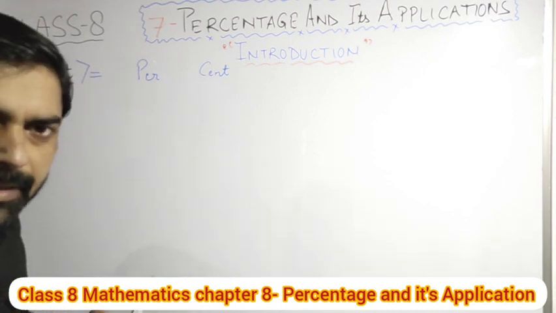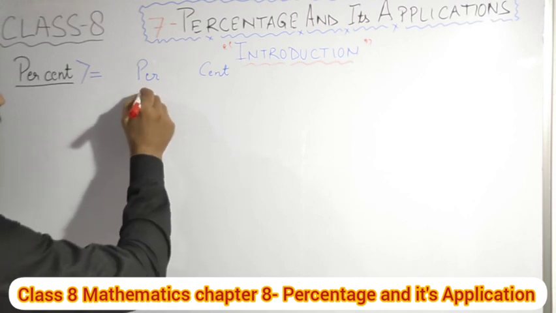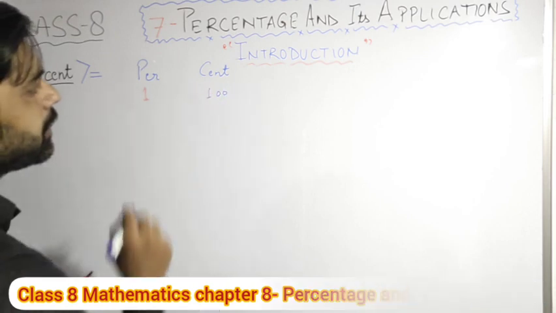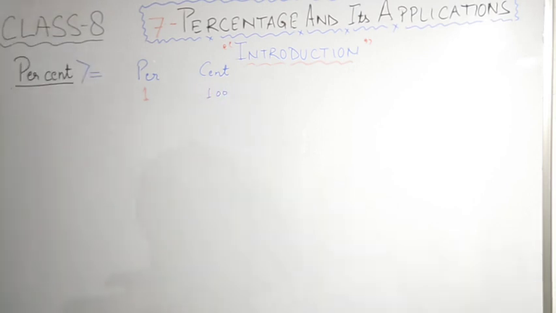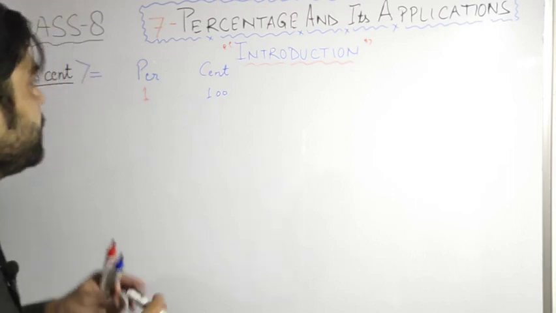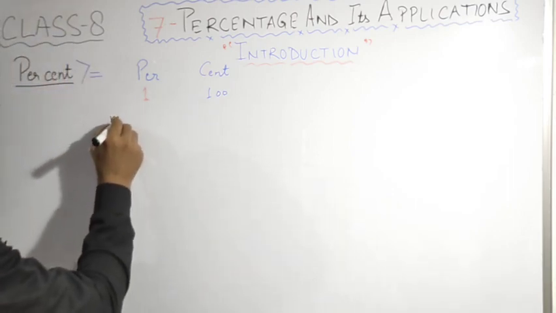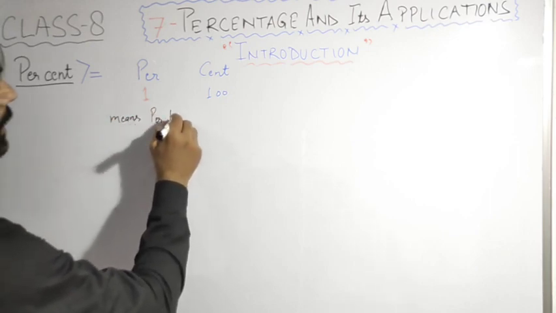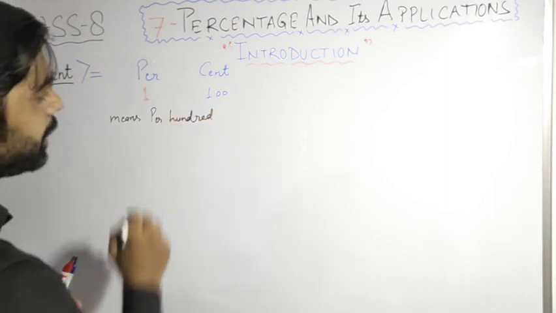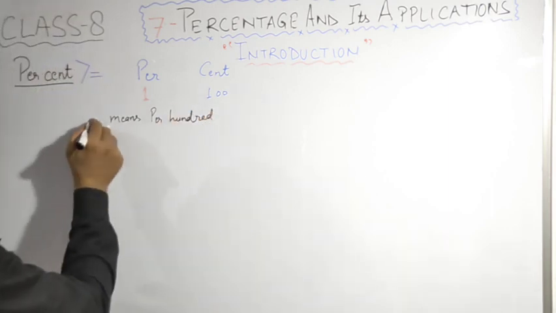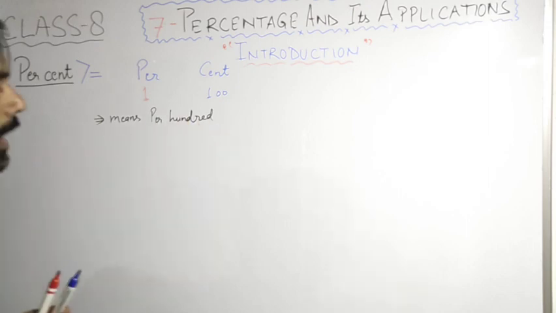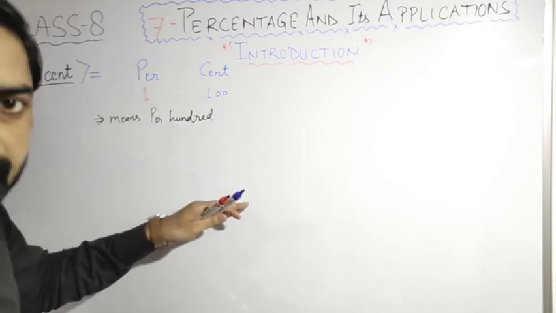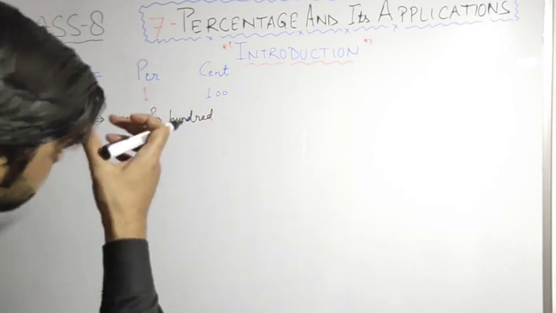You know what the meaning of per is. Per means 1, and cent means 100. So percent means per 100. What? Per 100. Percent means per 100. Understood? You separated it, so what did it become? Per 100. This is just the introduction of percentage.